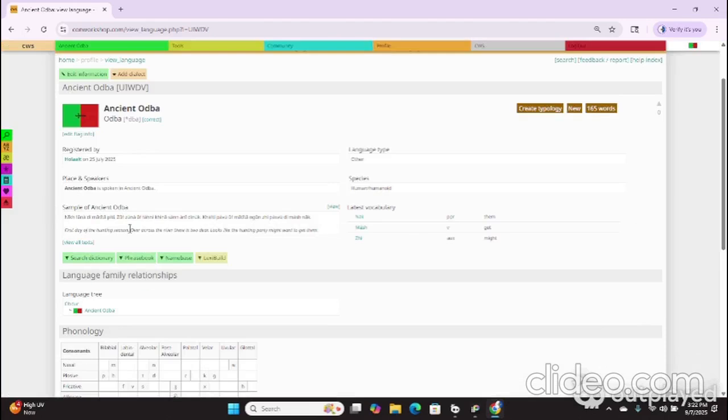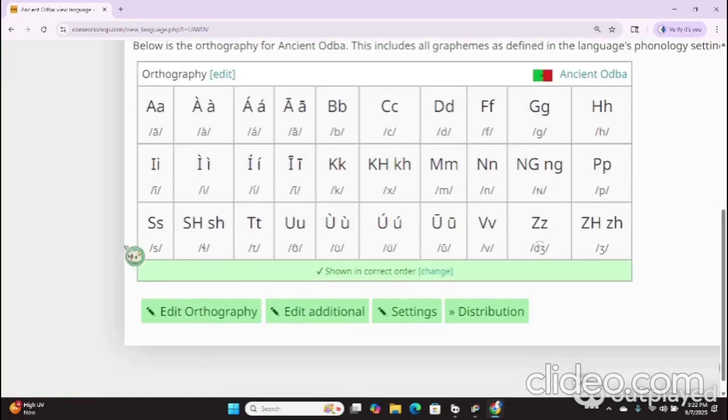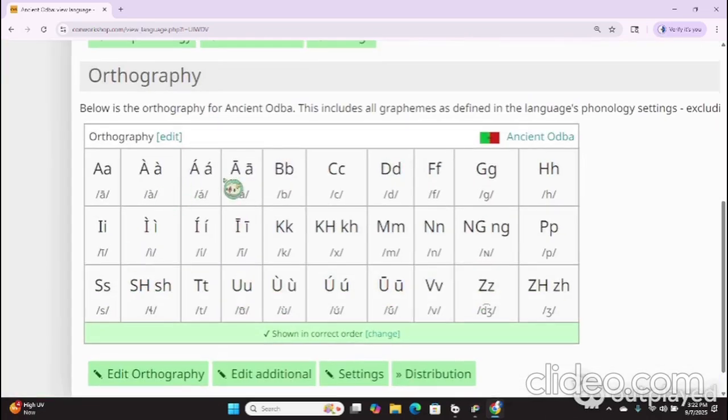Their phonology of the language is quite simple. There's three main tones: low, high, and high falling. So there's no mid.